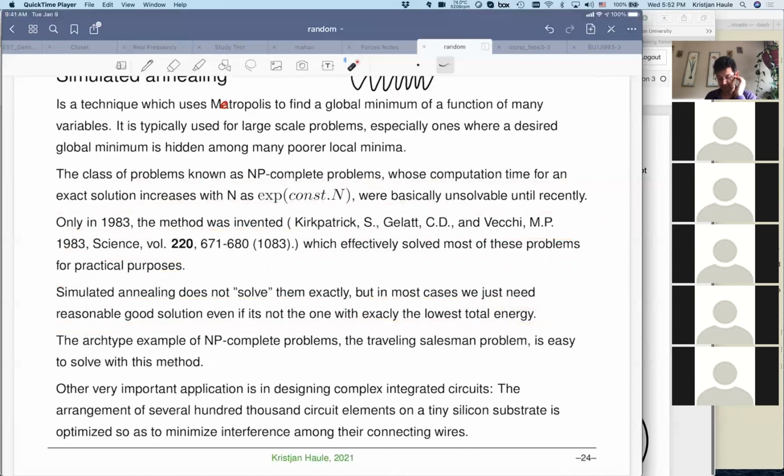But in most cases, we just need a reasonably good solution, even if it's not the one with exactly the lowest total energy. So one of the problems that you might be able to solve now is to help Rutgers schedule classes in such a way that classes never collide for a student. Recently our bosses at Rutgers decided that we need to change the times in which different classes are running.